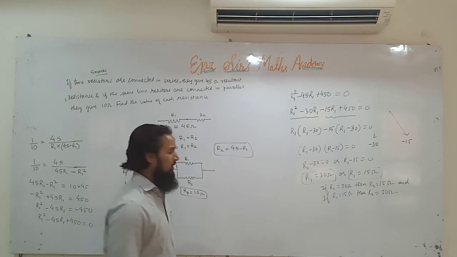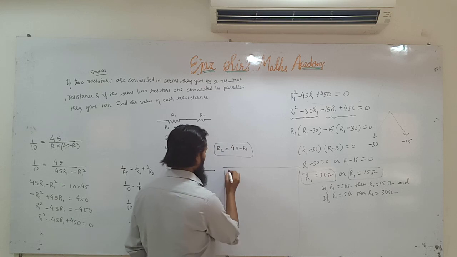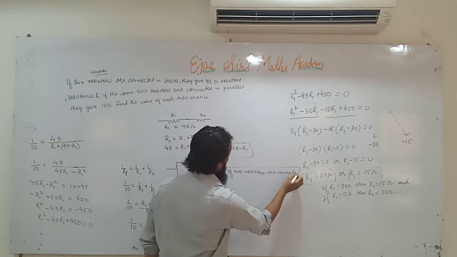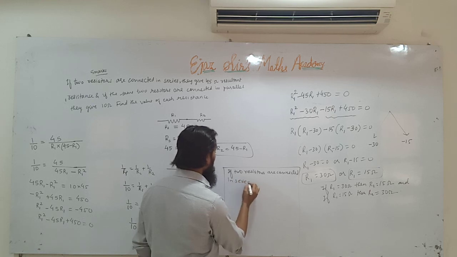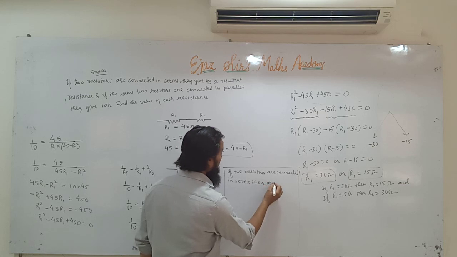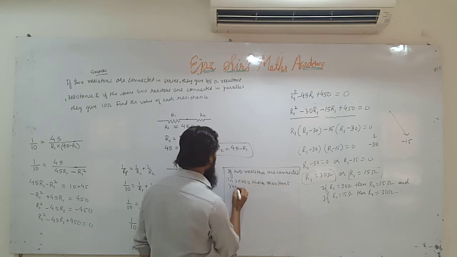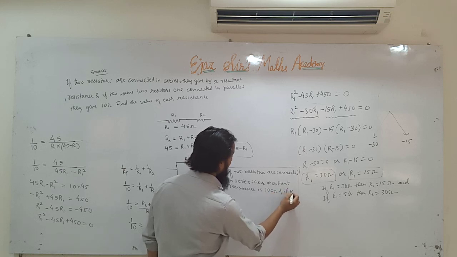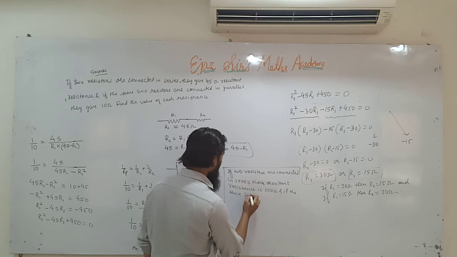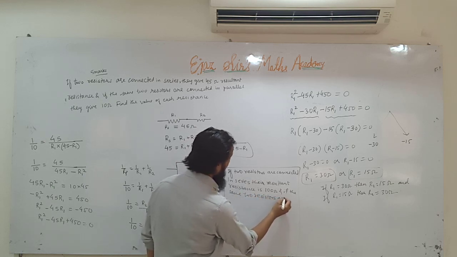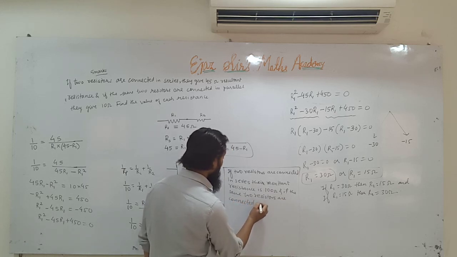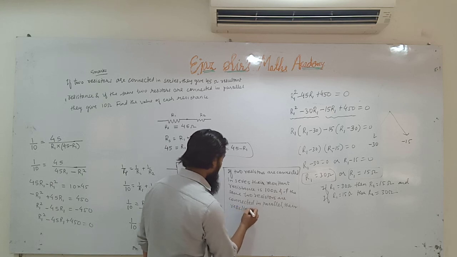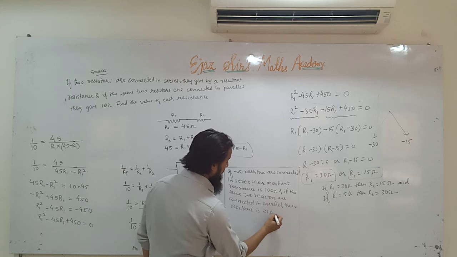And I will give you a question for homework. If two resistors are connected in series, their resultant resistance is 100 ohms, and if the same two resistors are connected in parallel, their resultant is 21 ohms.